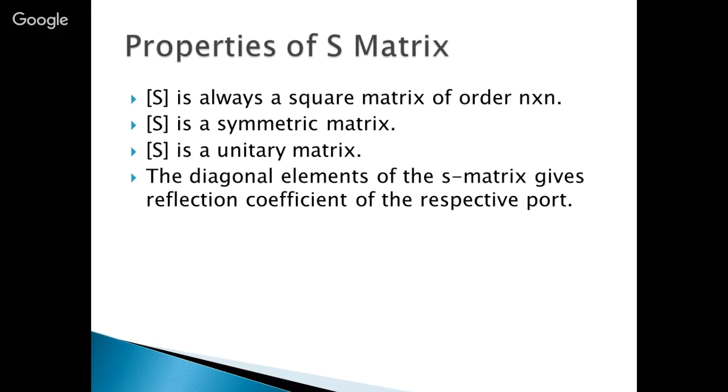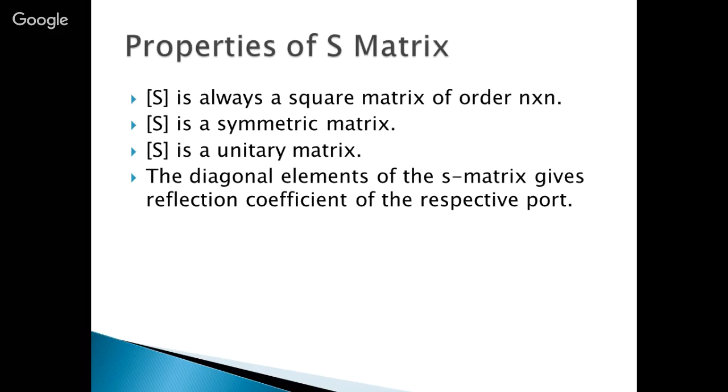Now, at last, we will discuss the properties of the S matrix. The first property states that the S matrix is always a square matrix of the order n cross n. The second property states that the S matrix is a symmetric matrix. It means that Sij will be equal to Sji.